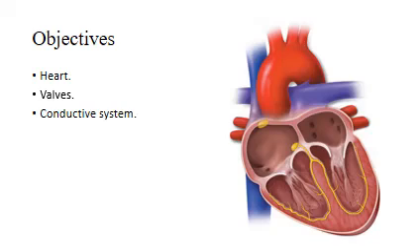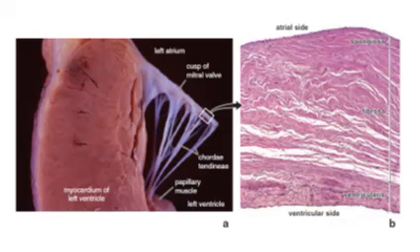The valves are connective tissue, and those connective tissues are covered by endocardial tissue, and it's a complex framework composed of three parts or three layers. What are those?